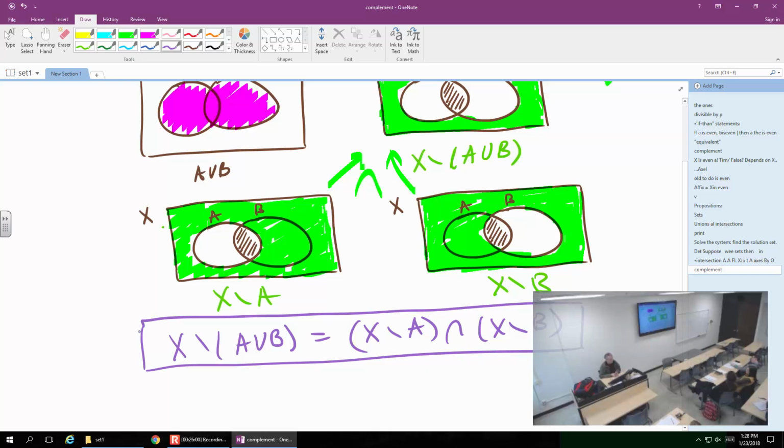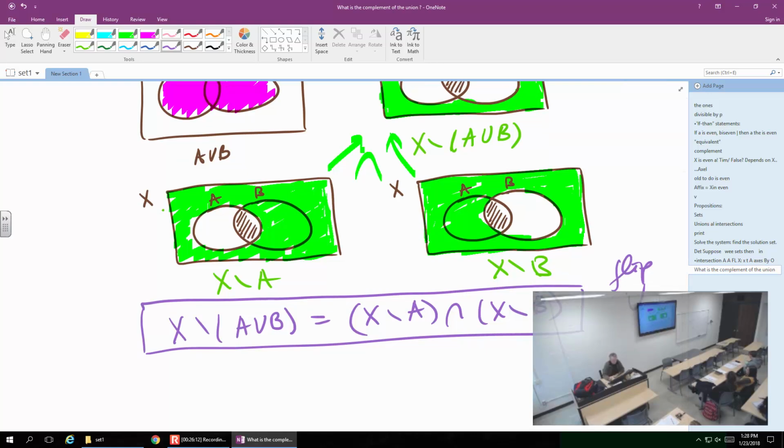When you negate, union turns into intersection; in the previous case we flip the other one. So they flip into each other. So whenever you do the complement, underneath I'm writing the logical statement, which is A or B. Its negation is complement A and complement B.